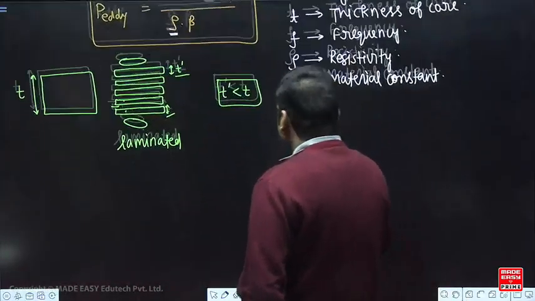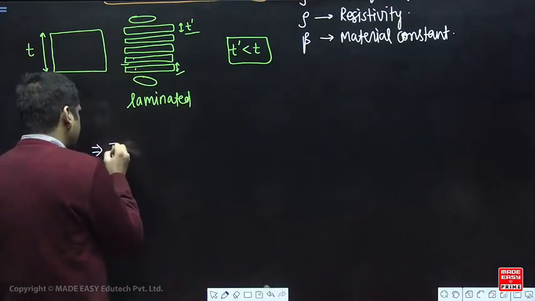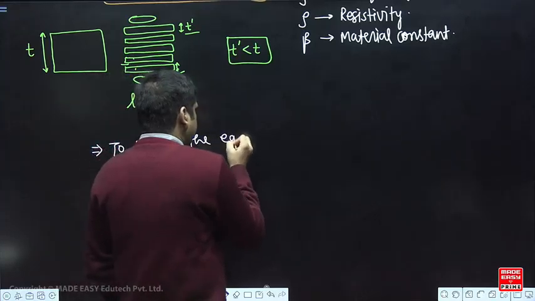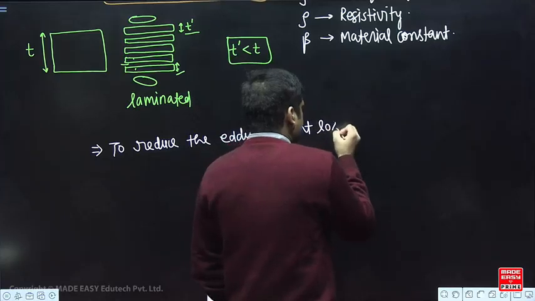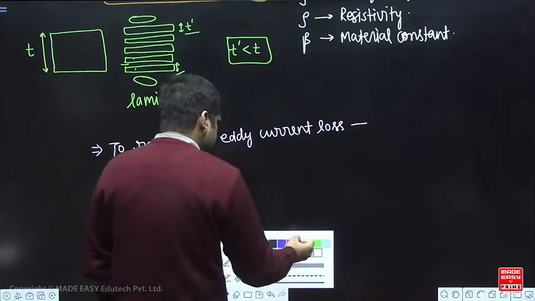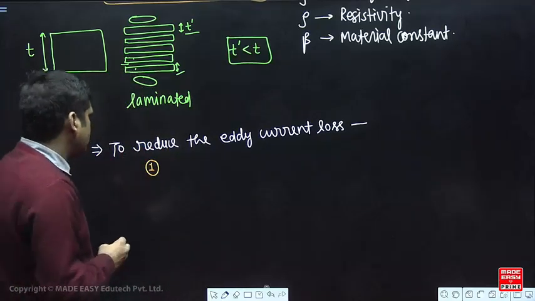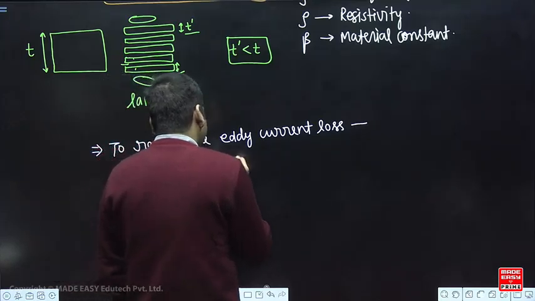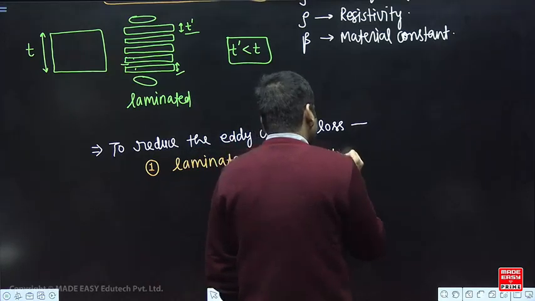So to reduce the eddy current loss, the first thing is laminated cores are used.